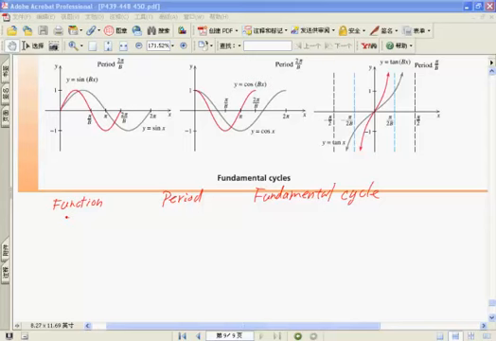We begin with sine x. Its period is equal to 2 pi, and the fundamental cycle is from 0 to 2 pi, the closed interval.